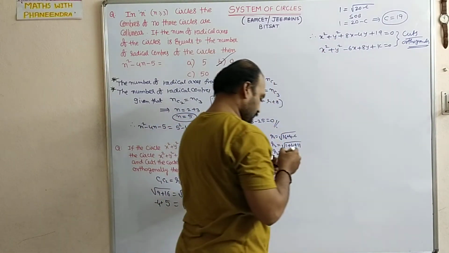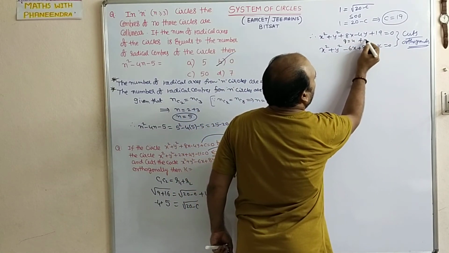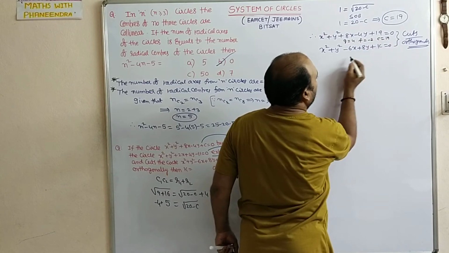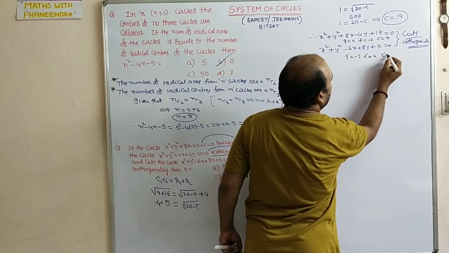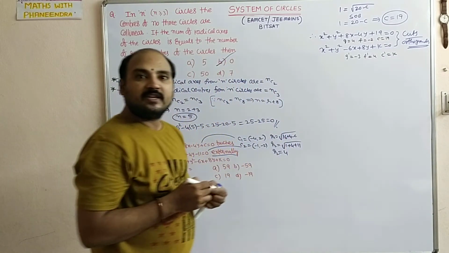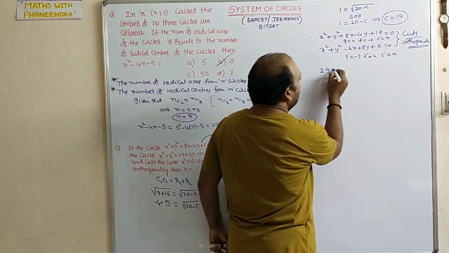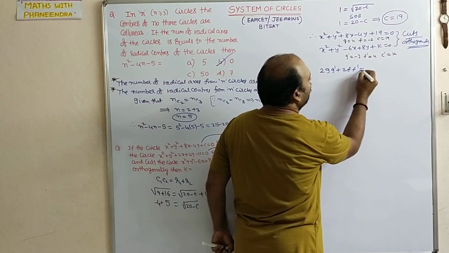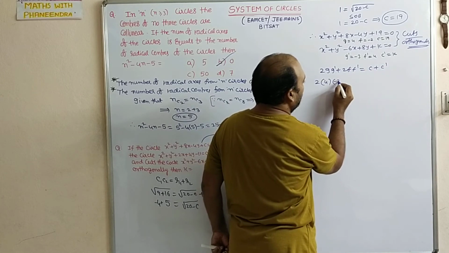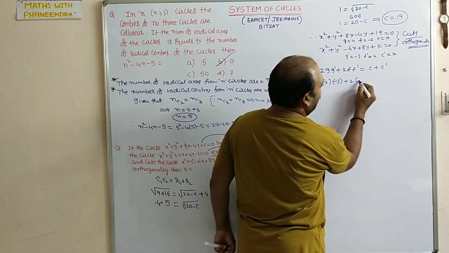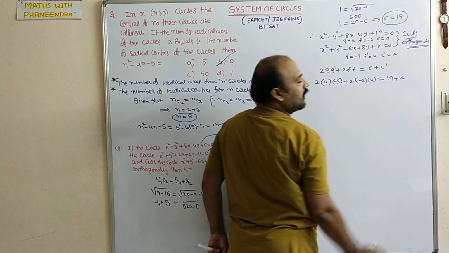So here g equal to 4, f equal to minus 2, c equal to 19, g dash equal to minus 3, f dash equal to 4 and c dash equal to k. When the circles cut orthogonally, we have the formula 2gg dash plus 2ff dash equal to c plus c dash. So 2 into g value 4, g dash value minus 3, plus 2 into f value minus 2, f dash value 4, equal to c value 19 plus c dash value k.